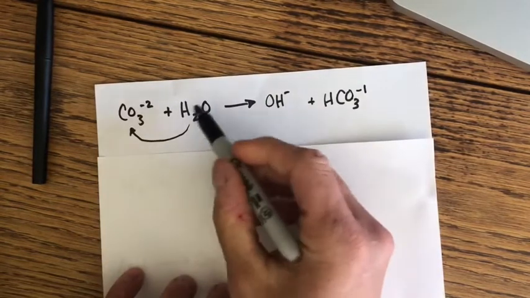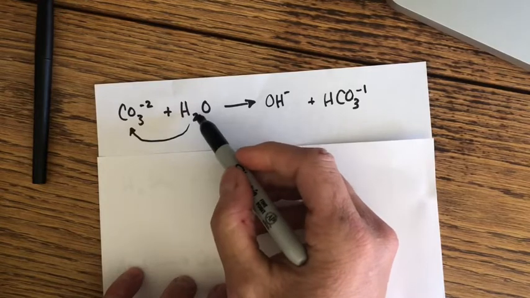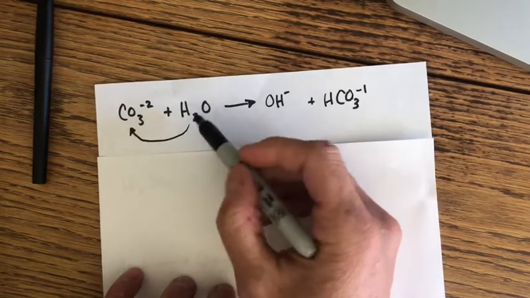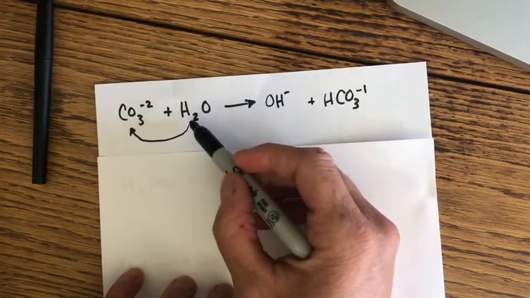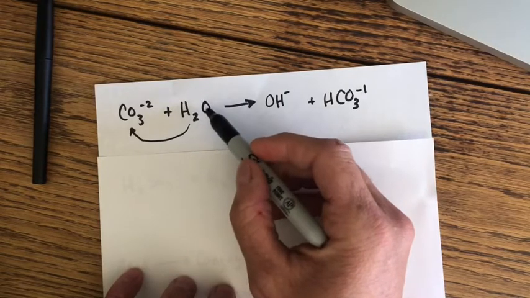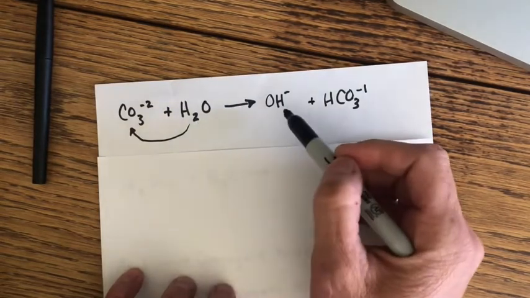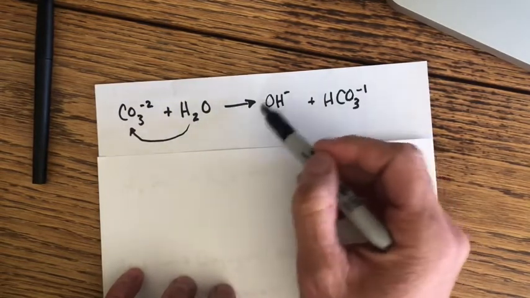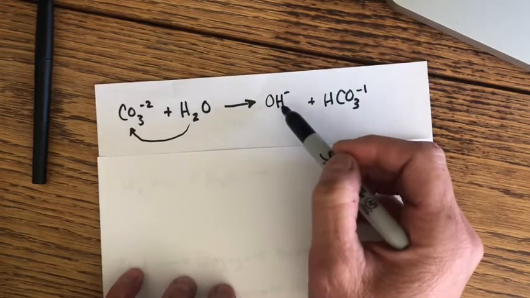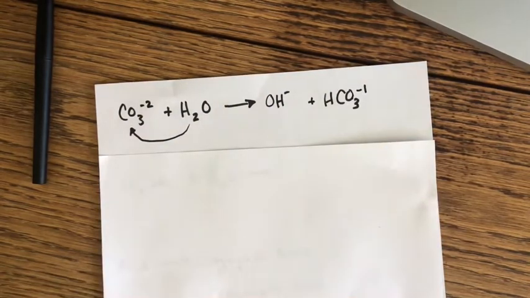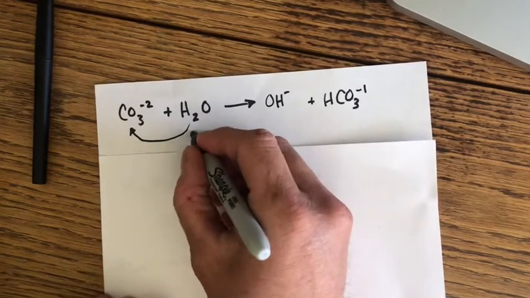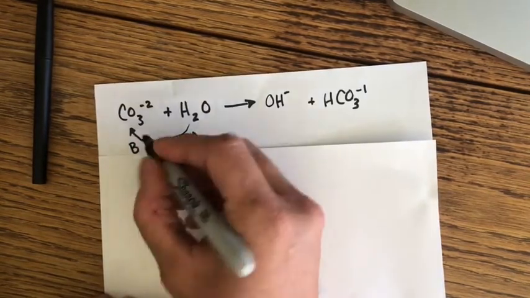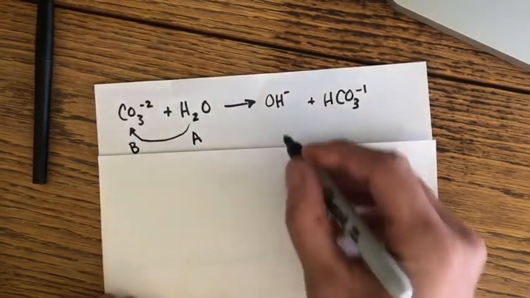So the water started out neutral, meaning essentially that the two positives from the hydrogen were offset by the two negatives from the oxygen, but we lost one of those hydrogens, and so now the resulting compound has a negative charge. All right, so here we would have called this the acid. This would have been the base. It's what gets the hydrogen ion.